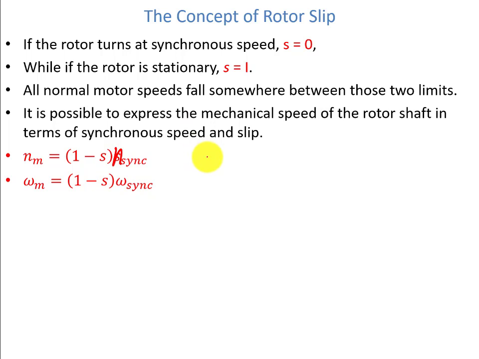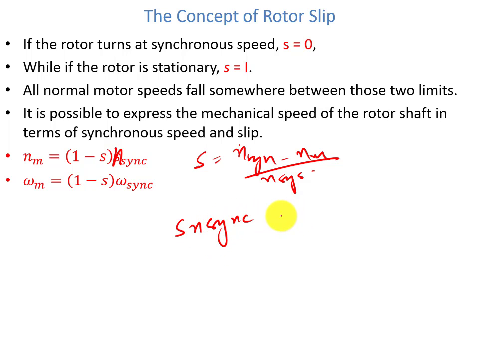This is simply derived from what we have seen, s equal to n synchronous minus nm by n synchronous. We just cross multiply here, s into n synchronous is equal to n synchronous minus nm.